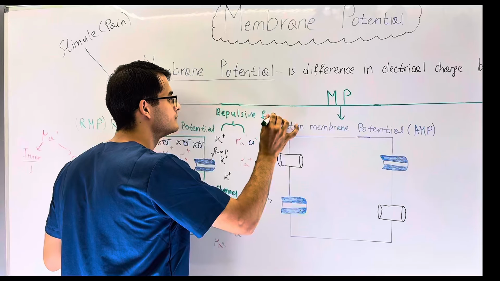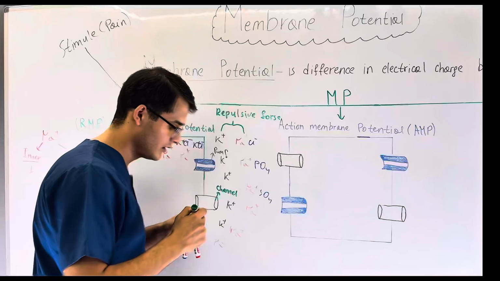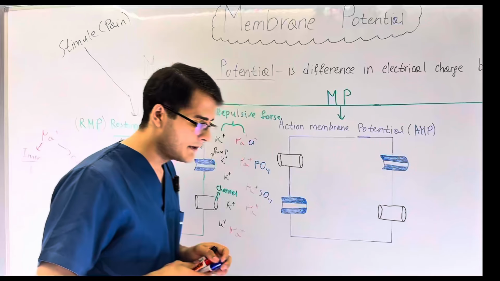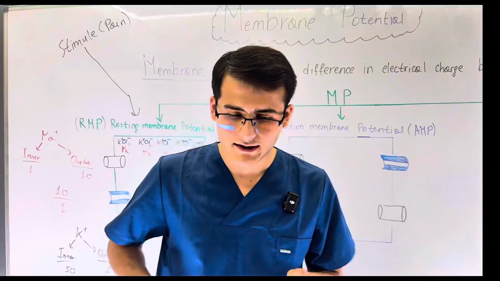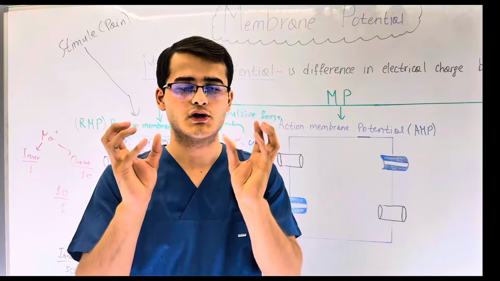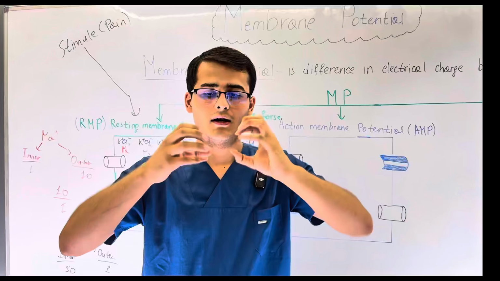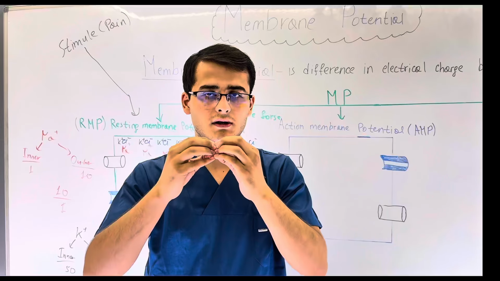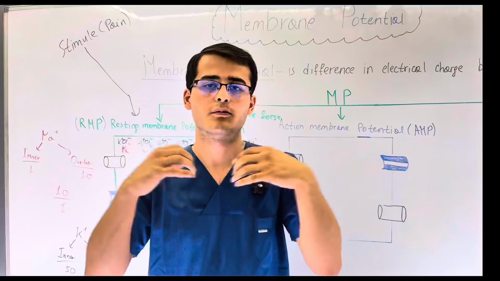What does it mean? Imagine that you have two magnets, right? These two magnets have the positive charge. You pick the positive side, and you try to match these two positive sides, and you cannot, because they're positive and they will push each other away.